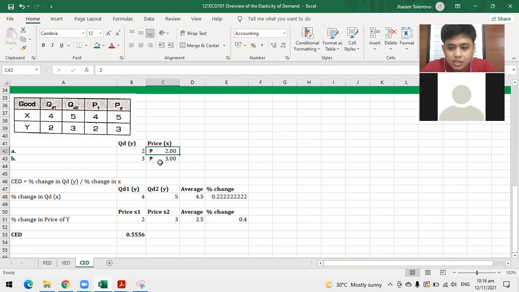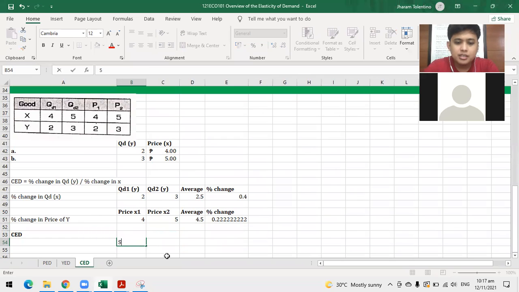Tapos yung price nito 4. So sulat lang natin 2, 3. Ano ba? Y. Quantity demanded from 4 and this one is 5. Okay, so 1.8. So it's a positive amount. Then malaki ang changes.